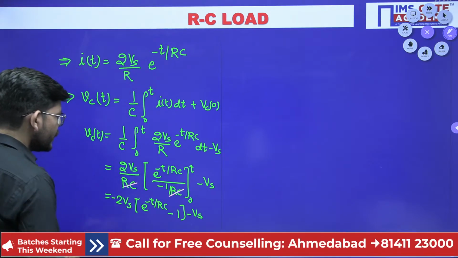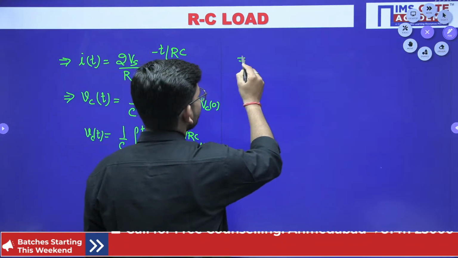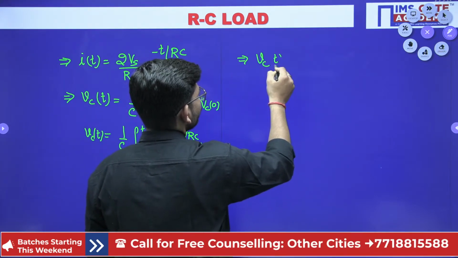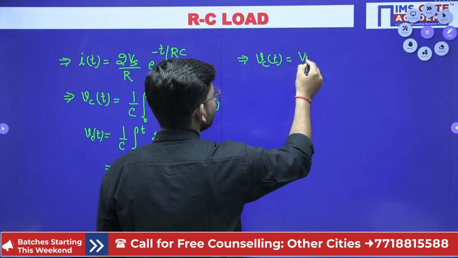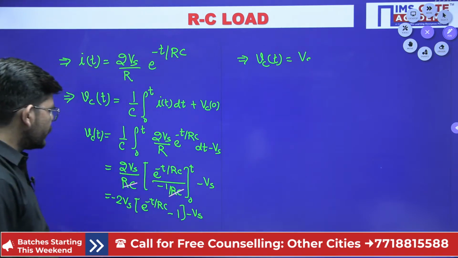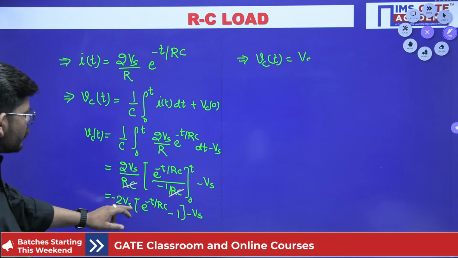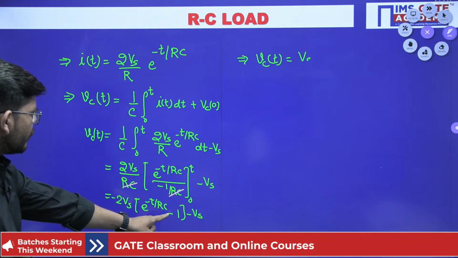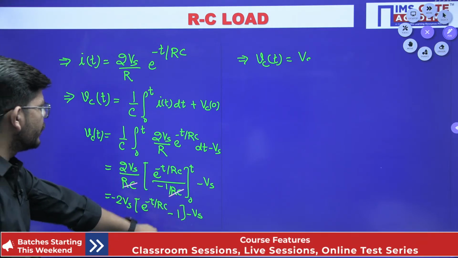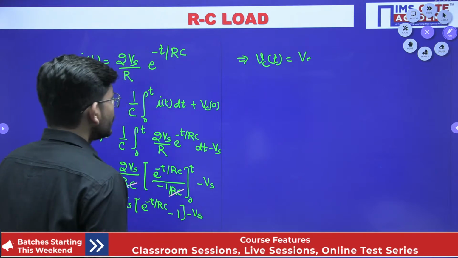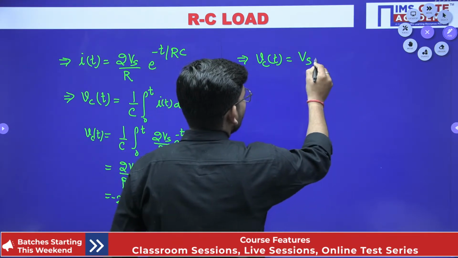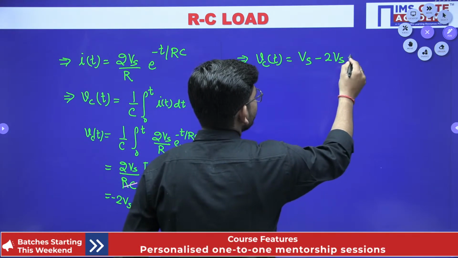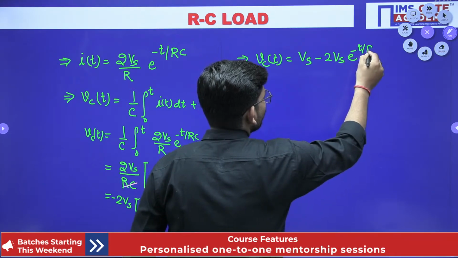Solving further, I get Vc(t): minus 2 Vs becomes plus 2 Vs, minus Vs is Vs, so Vs minus 2 Vs e to the power minus t over RC.